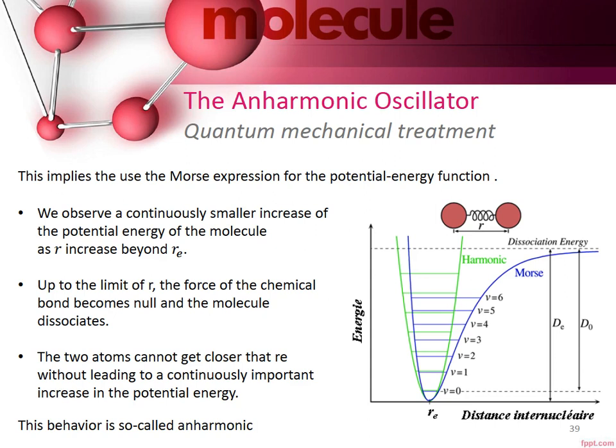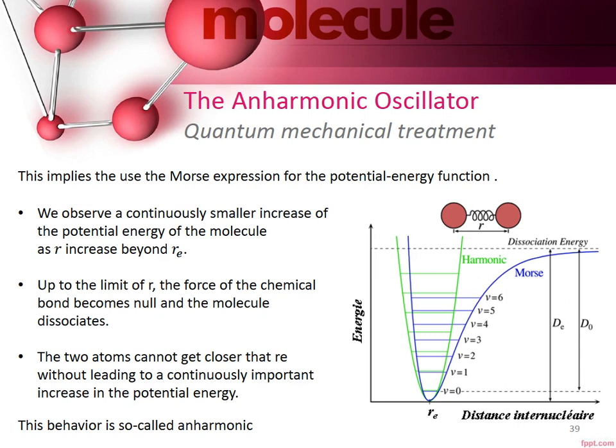Now, how does that differ from the harmonic oscillator approximation? As you will see, if we put this Morse potential expression that you are not responsible for into the Schrödinger equation, then we get a solution for E, which will show us that as the energy of vibration increases, or as the number V increases, the spacing between consecutive energy levels of vibration gets smaller.